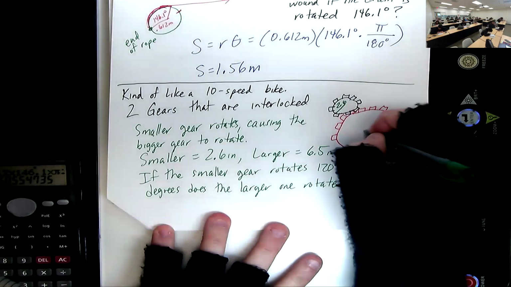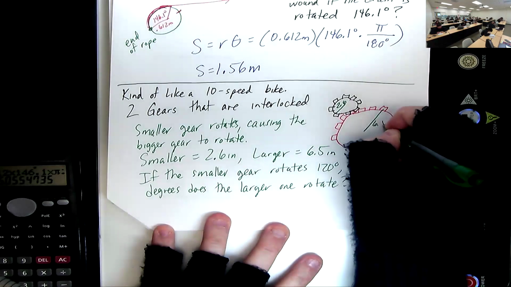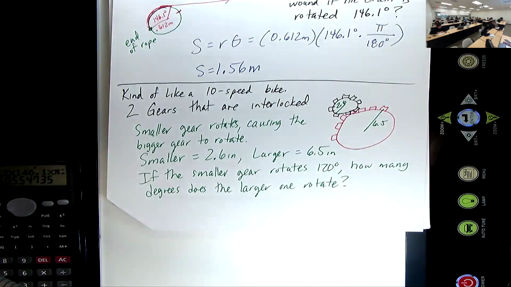So that makes this 6.5. So if the smaller gear is moving, what part of it is affecting the bigger gear? The S, right? I already said the smaller gear is pushing the bigger gear.